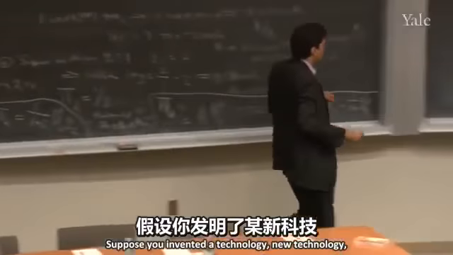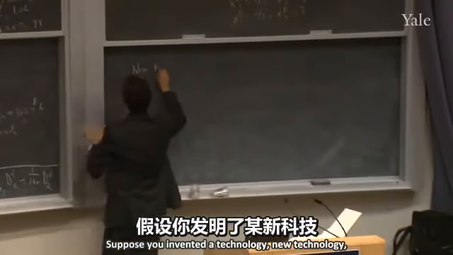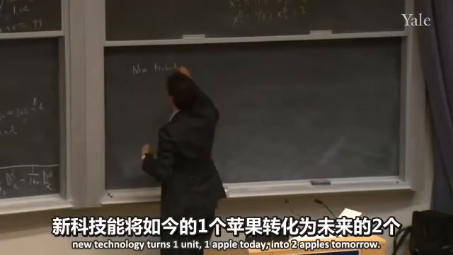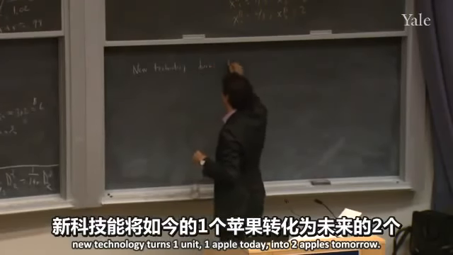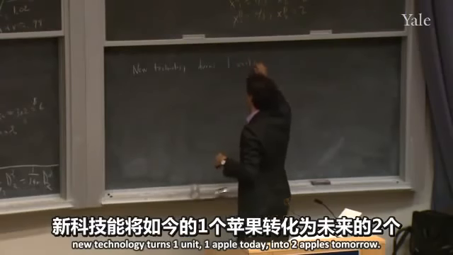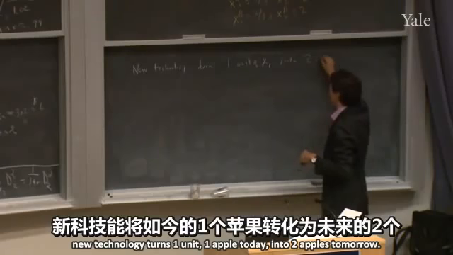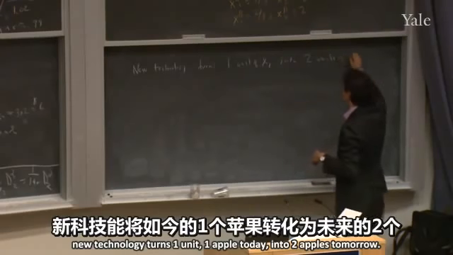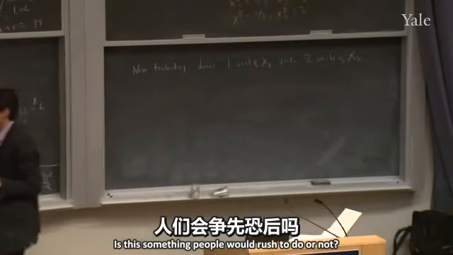Suppose you invented a new technology that turns one unit, one apple today, into 2 apples tomorrow. Is this something people would rush to do or not?